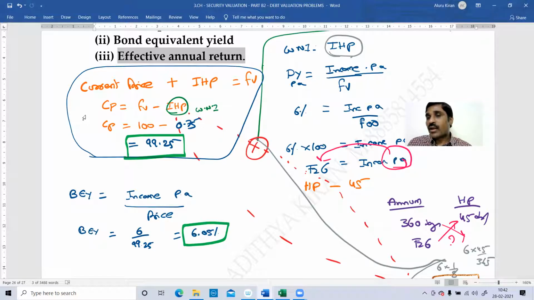The bond equivalent yield and discount equivalent yield rates quoted can be obtained only if he holds the same investment throughout the year, but the maturity of a money market instrument is less than a year. So after maturity, he has to redeem it and invest in another money market instrument. In simple words, bond equivalent yield and discount yield are simple interest, not compound interest, whereas effective annual return is compound interest.